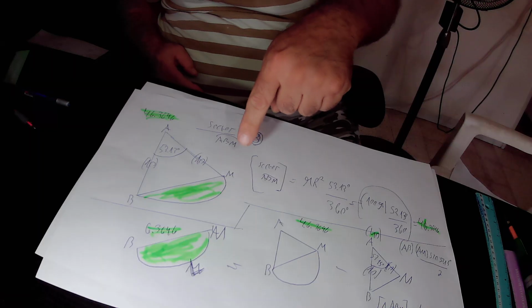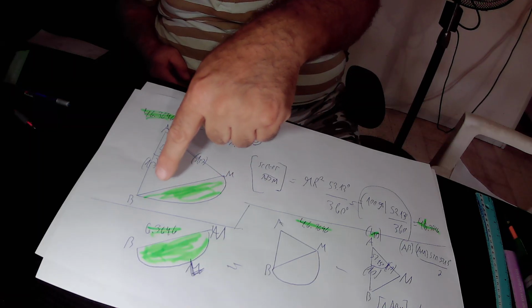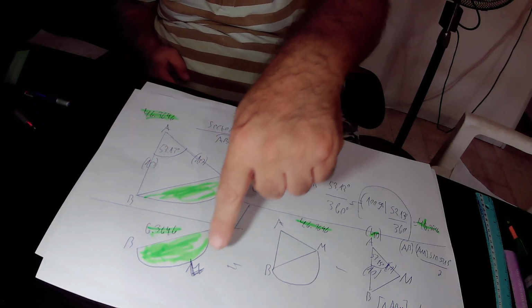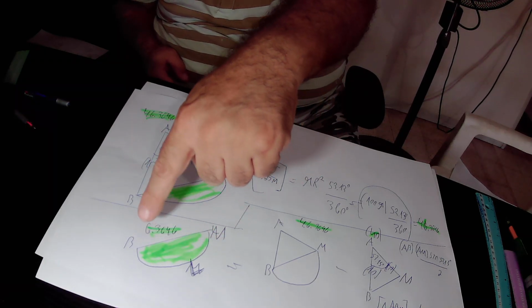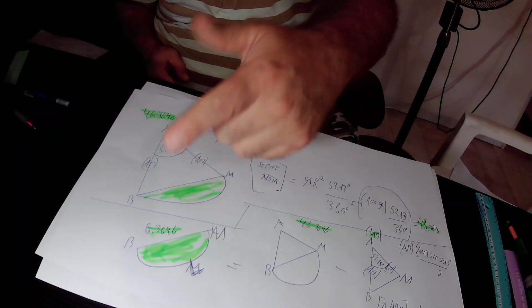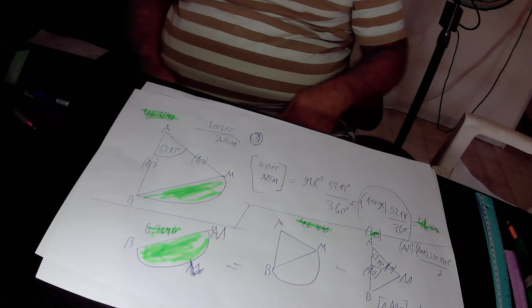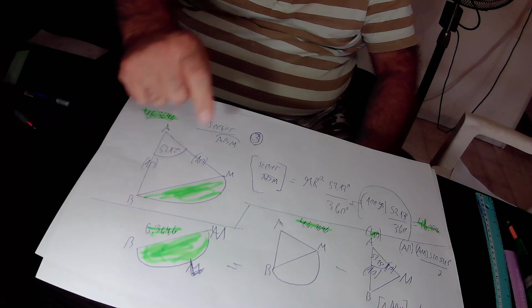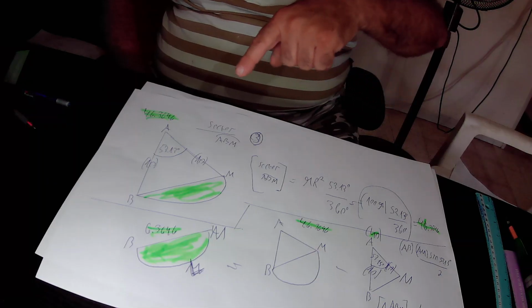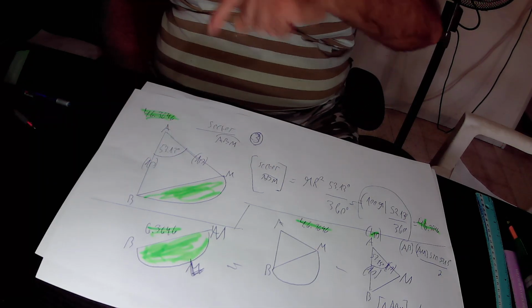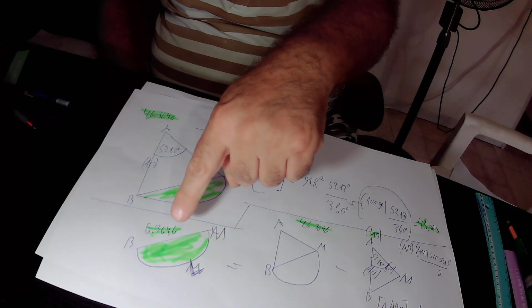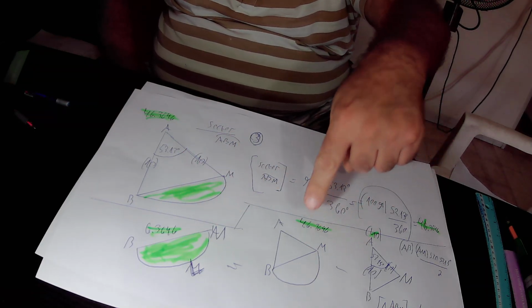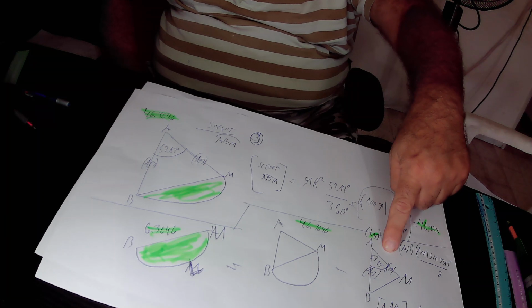Our task is to find out the area of the lower sector MLB, or BML. From the drawing, it is very easy to see that the area of the lower segment BLM equals the area of sector ABM minus the area of triangle ABM.